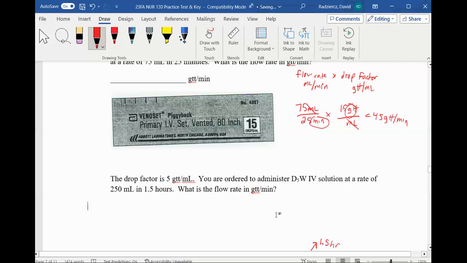So the question is, what would I program into my infusion pump in drops per minute, keeping in mind that we are going to round to the nearest whole drop. So go ahead and see what you get, and I'll just mute here.